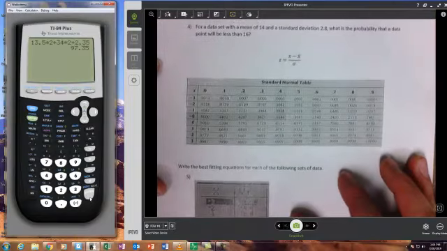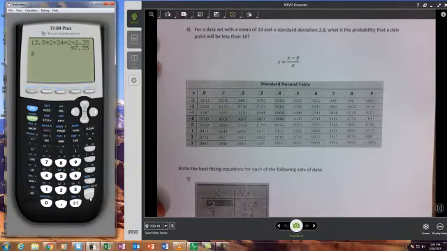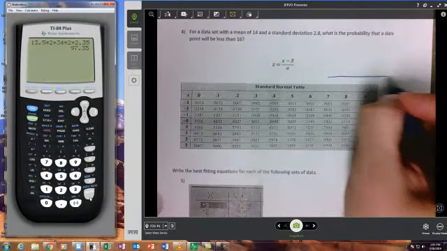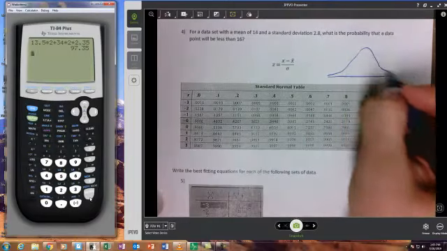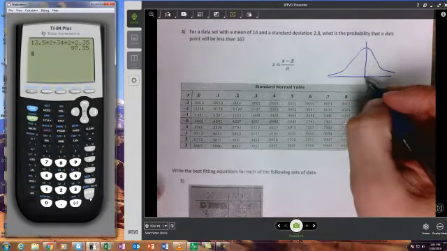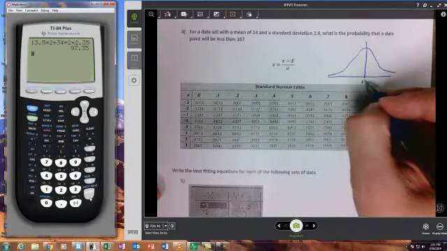Now, with this next question, we're going to be given data and information that doesn't fit the normal distribution table perfectly. So I'm going to draw my own normal distribution just to get a baseline. It doesn't have to be perfect. Right down the middle is my mean, and it says that the mean is 14.